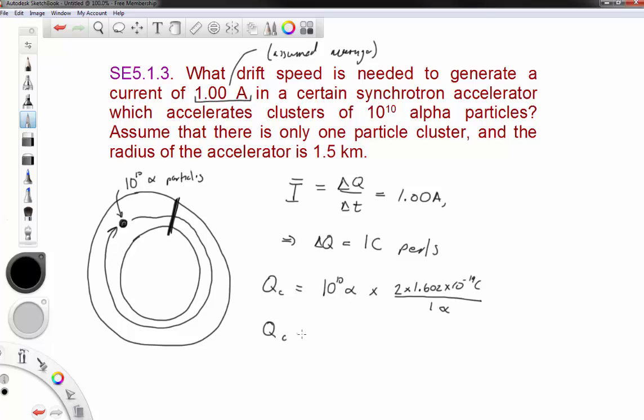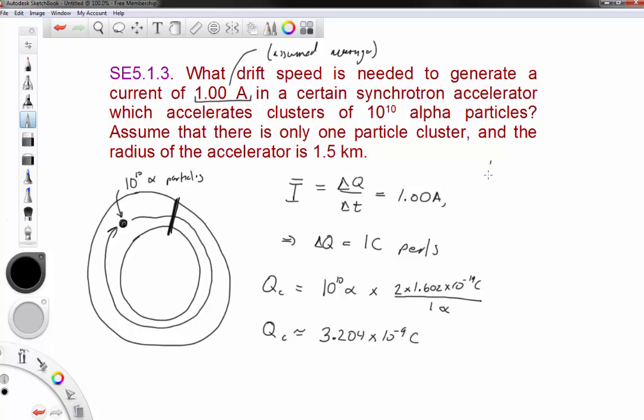So the total charge is going to be about 3.204 times 10 to the minus 9 coulombs. So what that tells us is that if we want to get a total average current of 1 amp, we would need this thing to make many laps, roughly 10 to the 9 laps around this synchrotron in 1 second.